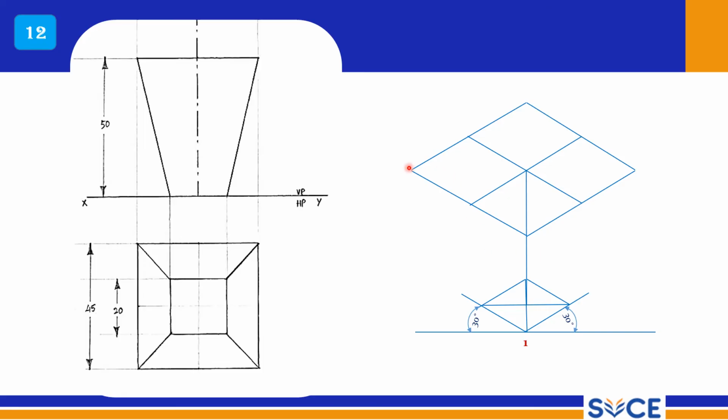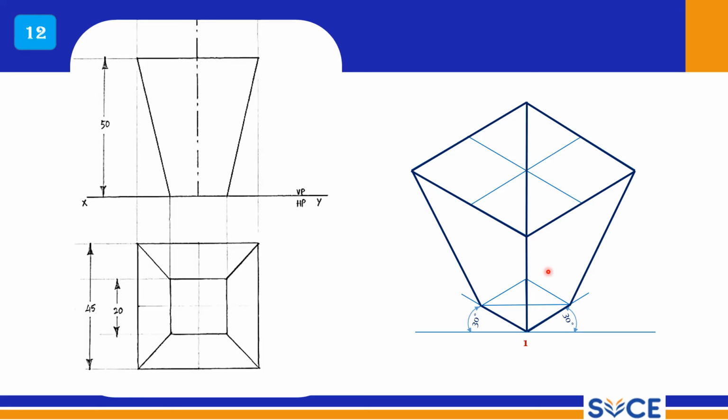Now top square is as it is, right? You can draw thick lines for the top square, and the bottom square is drawn only up to here, right? So this should not be drawn with thick lines. Now complete this. So how easily you can complete this, right? It is a very easy problem to solve.